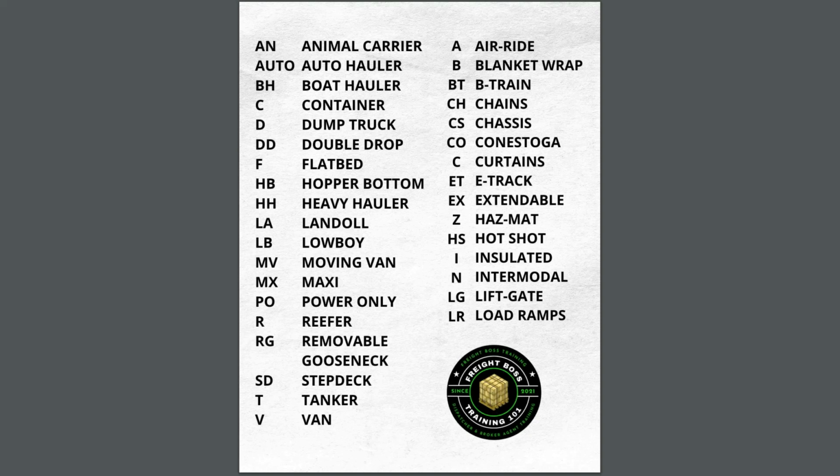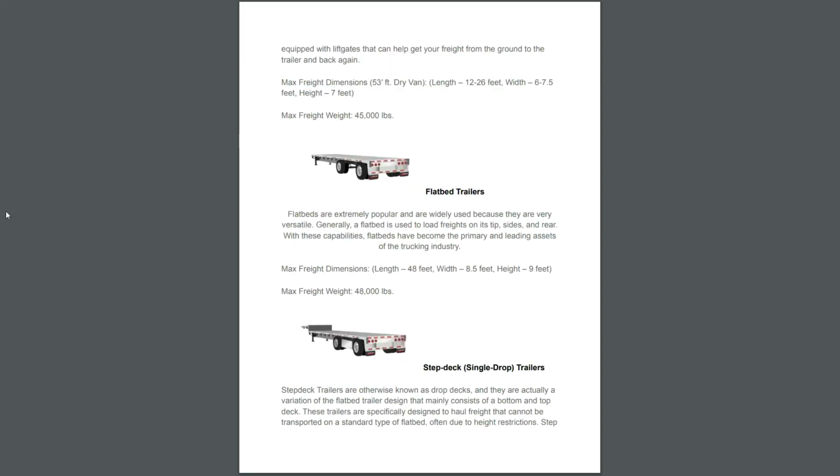I do suggest that you learn as much as you can about the top 6 or 7, and that would be dry van, reefer, flatbed, box truck, hot shot, and then maybe some of the different flatbeds, because they do have several different kinds of flatbeds. I would check those out, and I've included some in the training packet if you want to see these.